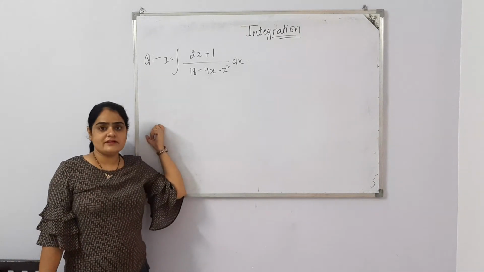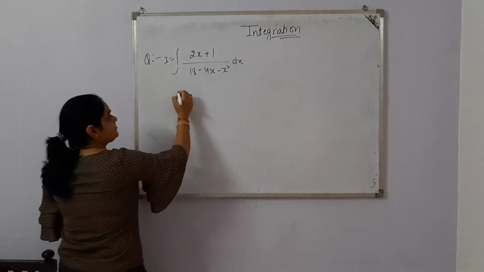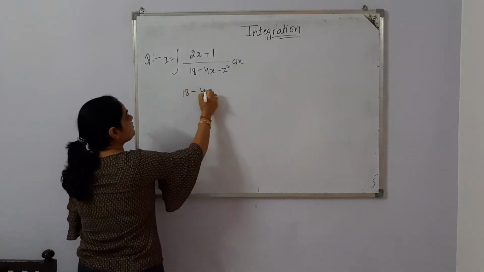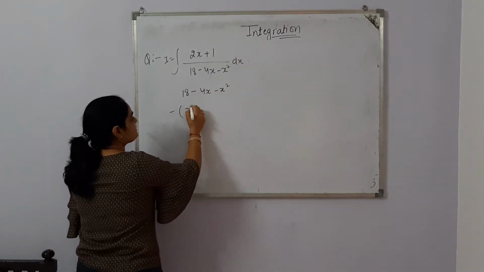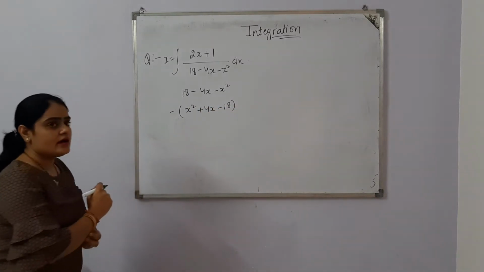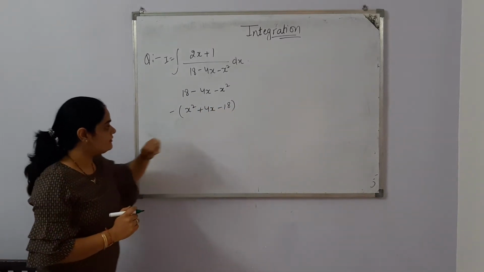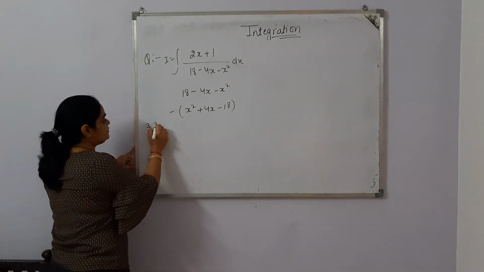First of all, we'll make the factors here. If it is possible, then we can apply partial fractions. 18 minus 4x minus x square. Can we take minus as common? x square plus 4x minus 18. Now what are the factors of 18? It is 3 into 3 into 2.